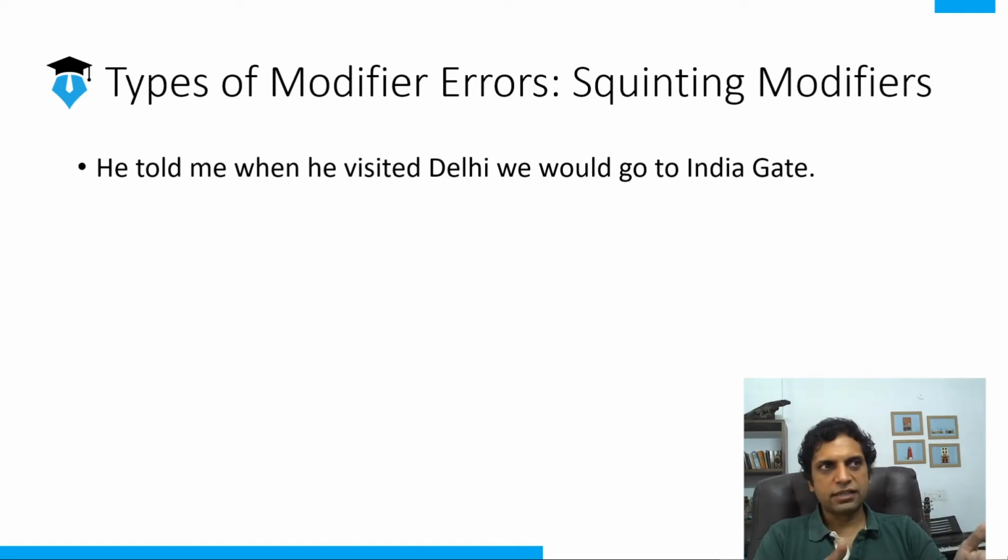So the modifier here is when we visited Delhi. It's talking about a time frame. It's giving more information about a particular point of time. Is that point of time talking about when he told me something? Or is it talking about when we would go to India Gate? Because it's right in the middle and both would qualify, there is no way of telling.